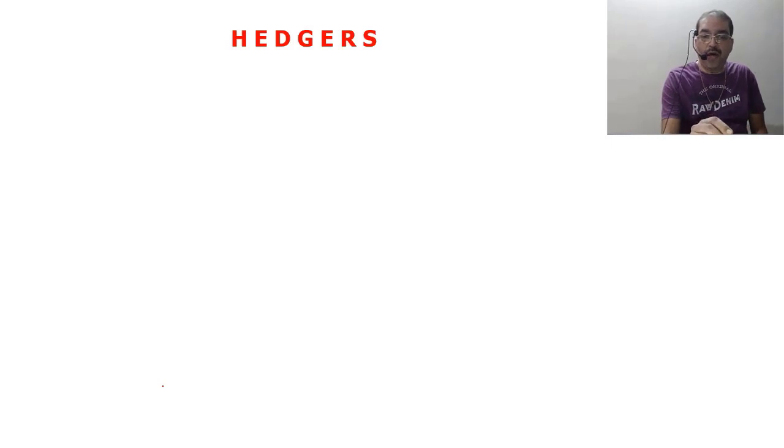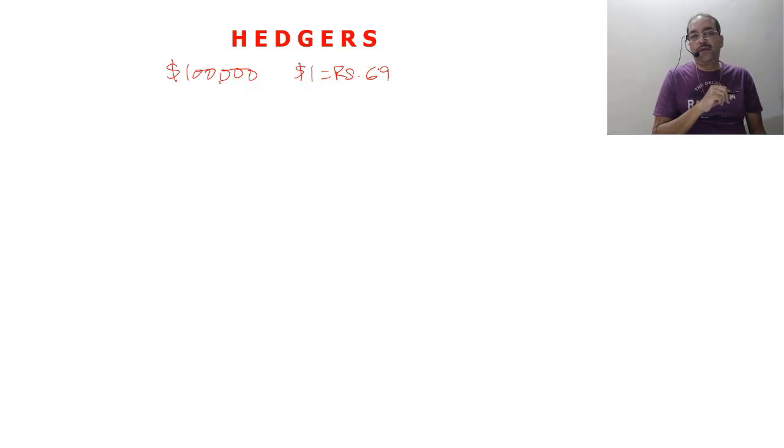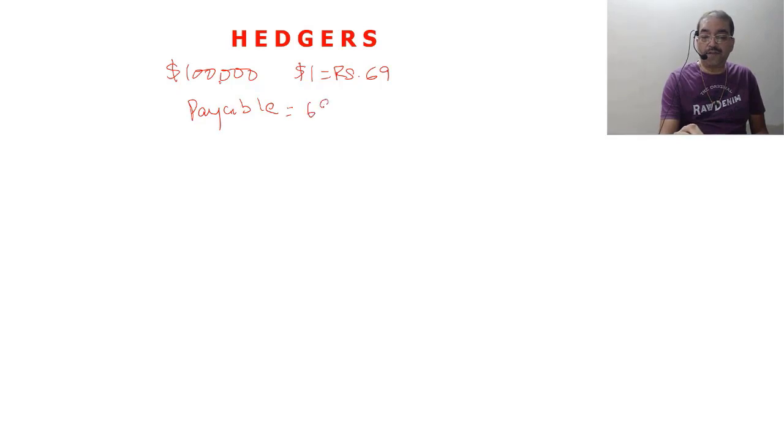I imported raw materials worth 1 lakh US dollars, and at that time the rate was $1 equal to 69 rupees. So how much is payable if I'm paying immediately? 69 into 1 lakh, that is 69 lakh rupees payable, correct?